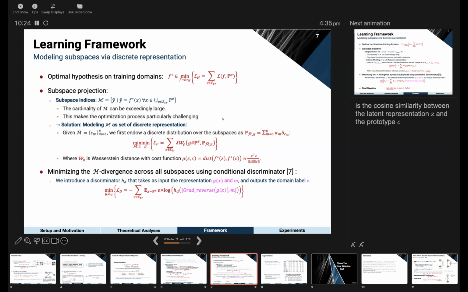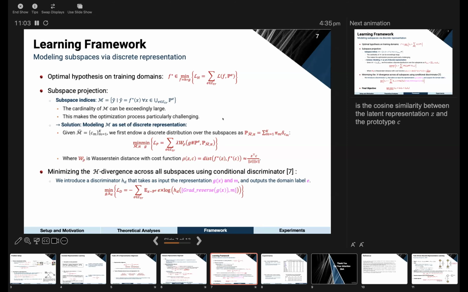So to address this problem, we propose to model the subspace index set by a set of latent representations. The idea is that we can think of it as a kind of clustering. First, we endow a finite set of latent subspace representations, and we endow a discrete distribution over that set.